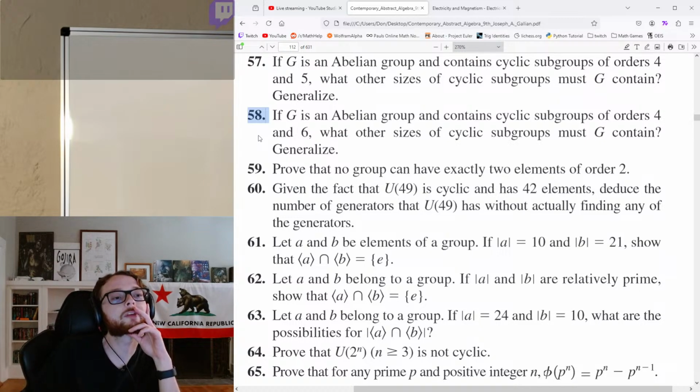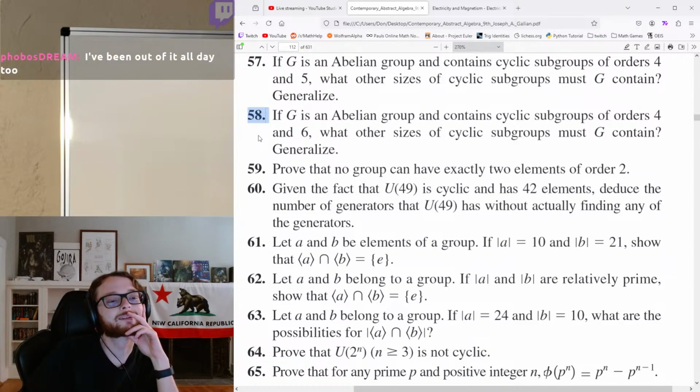Actually, oh, they're LCM, right? Been out of it all day too. Yeah, I don't know. Because 4 and 6 have to both divide this thing, I think. I don't know where the abelian part comes in.